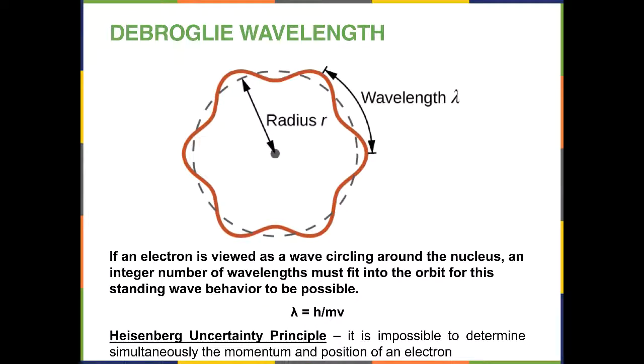Now, there's an extremely important principle that governs the electrons, and it is called the Heisenberg uncertainty principle. And the Heisenberg uncertainty principle is extremely important in quantum mechanics. And what it says is that it is impossible to determine simultaneously the momentum and position of an electron at any one time.